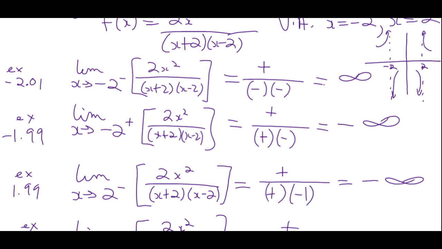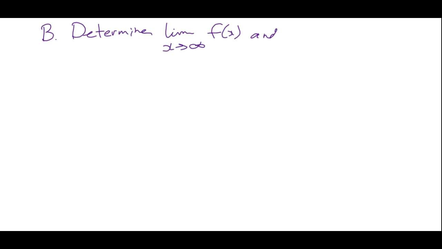Okay. So now, let's worry about the horizontal asymptotes. So that's what happens here, around here. What happens as we go out this way? So let's find out. So B, determine the limit as x approaches infinity of f of x and the limit as x approaches negative infinity of f of x.